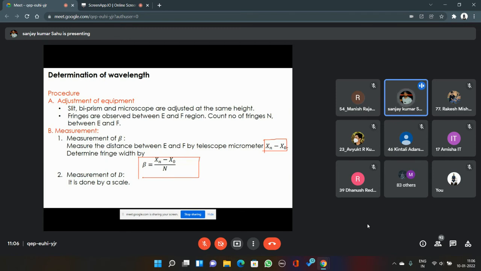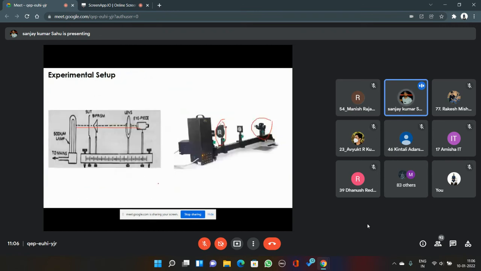You can measure the value of d also by using a scale on the setup itself. From that scale you can find the distance from the source to the screen. The screen is the microscope, and the source is this slit. Obviously the distance from the virtual sources will be the same as the distance from the main source. So that gives you d.